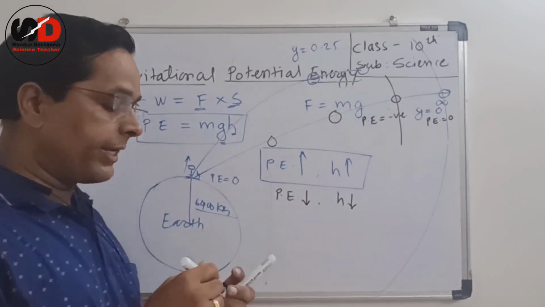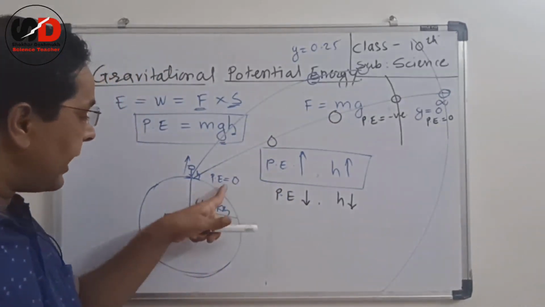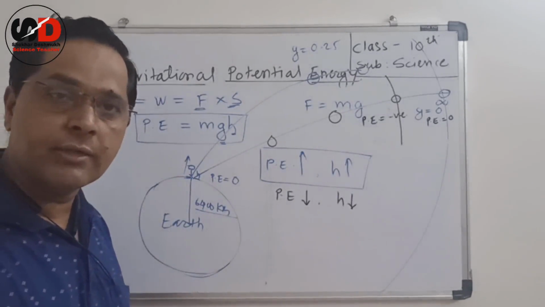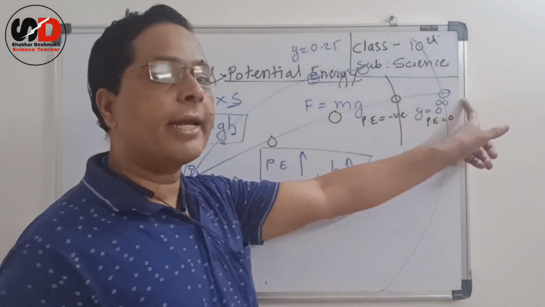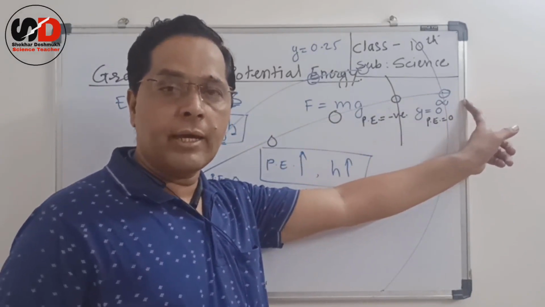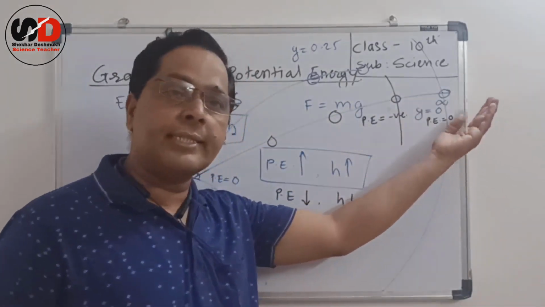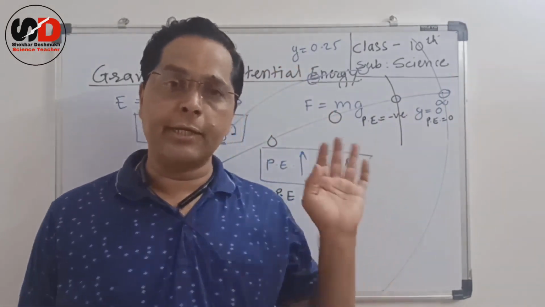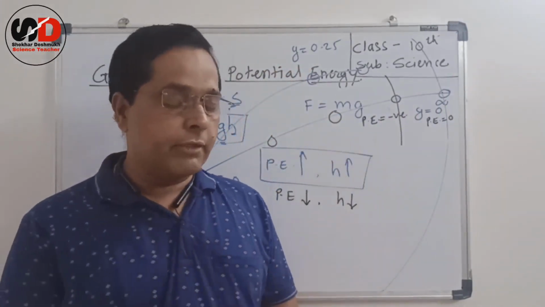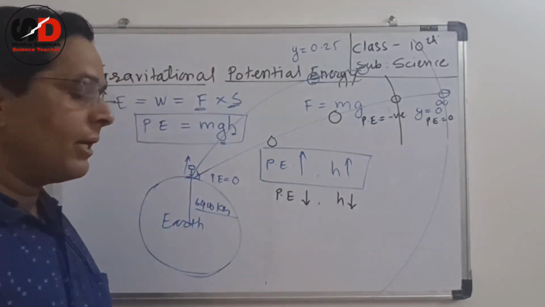So, instead of taking the potential energy as 0 on the surface of Earth, actually the potential energy is 0 at infinite distance. And for any distance less than infinity, the potential energy must be negative. And it is given by a formula.